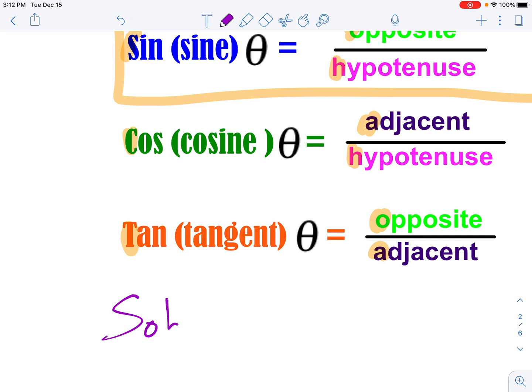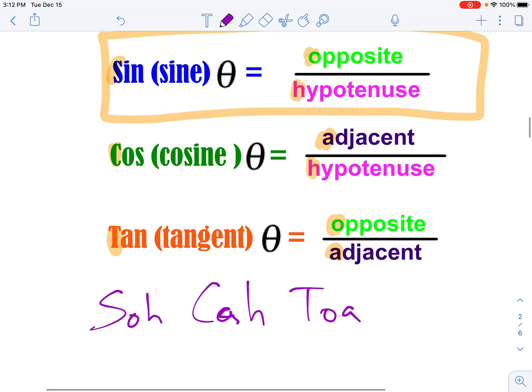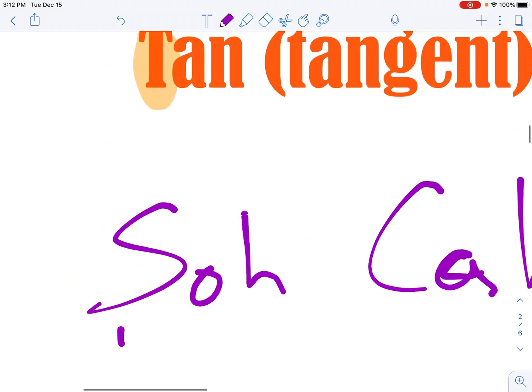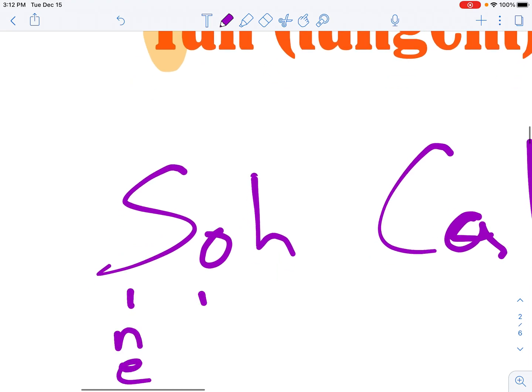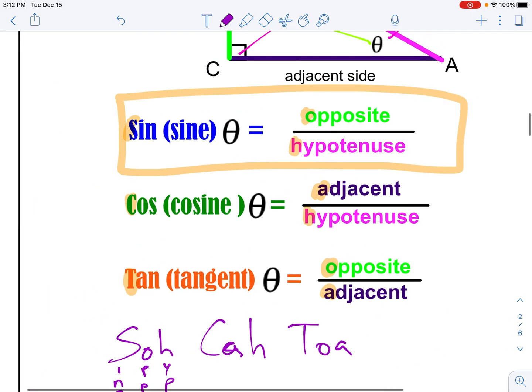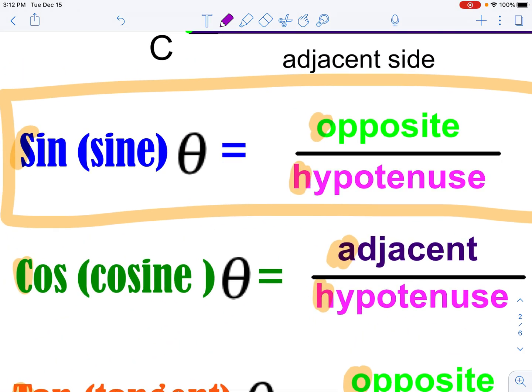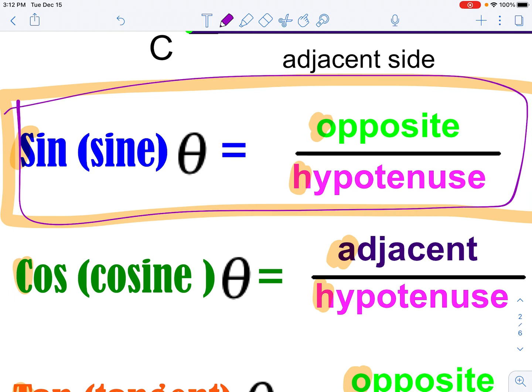We call it SOHCAHTOA, a little acronym to help us remember that sine is opposite over hypotenuse, cosine is adjacent over hypotenuse, and tangent is TOA, opposite over adjacent. It helps you remember without having to flip back through notes.